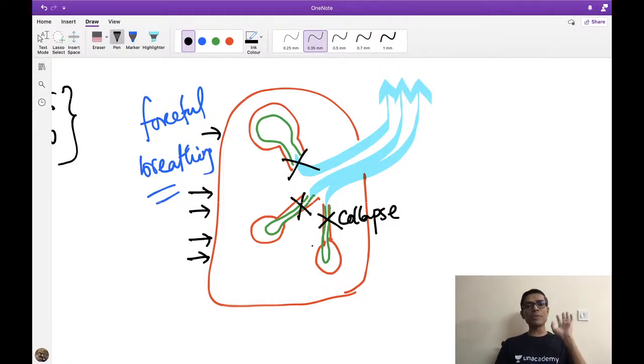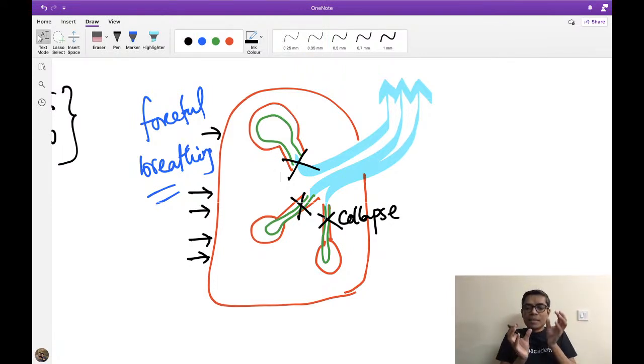Why so? Think of yourself. If I ask you, among these three alveoli, which alveoli or which bronchioles is going to collapse earlier? Obvious thing: the basal alveoli size is smaller, so the bronchiolar size is also smaller. Because of which, whenever you are doing a forceful expiration, the whole lung is getting compressed.